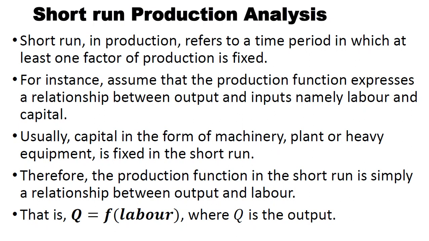The relationship that exists between labor and capital is what gives us the output. So in the short run production, output is essentially determined by labor. The amount of labor we use determines the amount of output we'll generate, because capital is usually fixed.